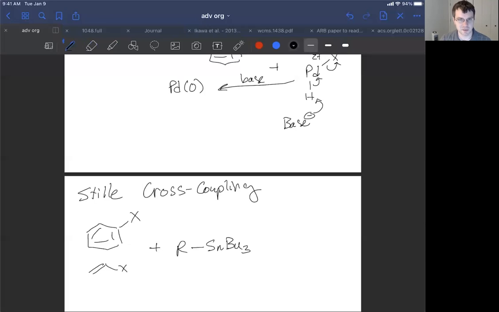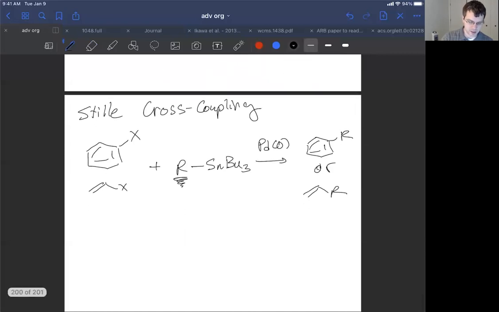Stannane is kind of, if you remember, Sn is tin. So an organotin reagent, again, in the presence of palladium 0, is going to couple this R group to either our aryl or our alkene. So the alkene could be a product, but it's not a requirement. It's not like a fundamental piece of the puzzle.